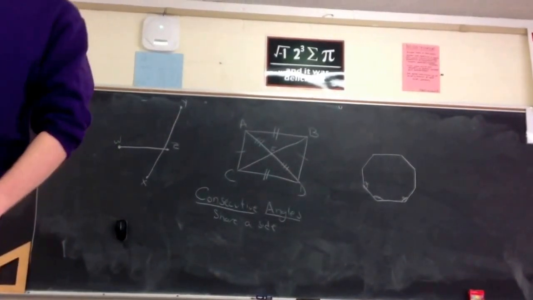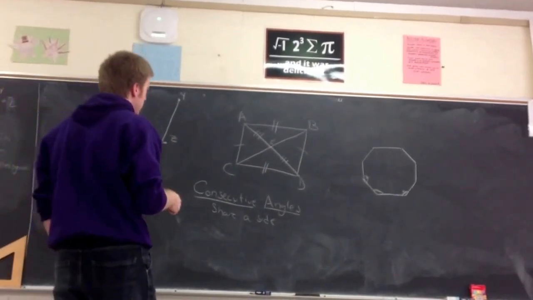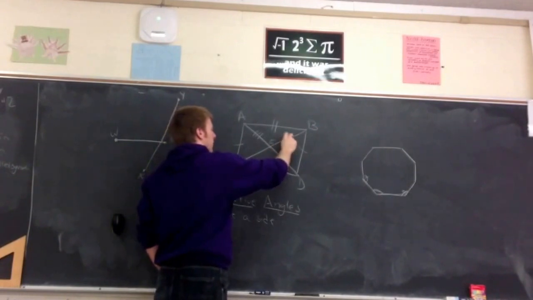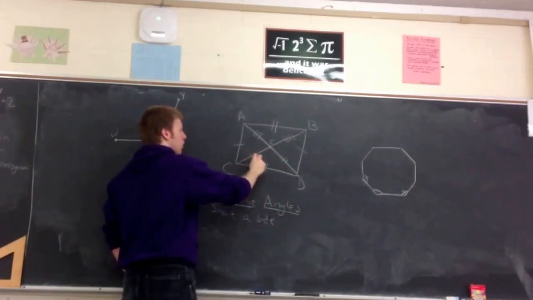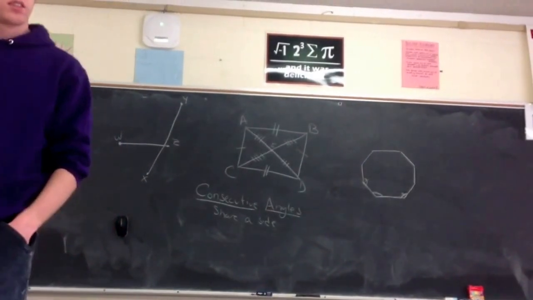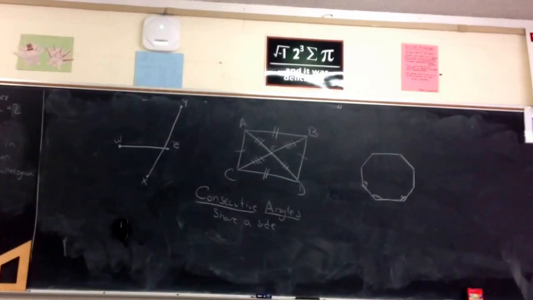And furthermore, since they bisect each other, AD bisects BC, so BE is congruent to EC. Just make sure you understand what it means to bisect.